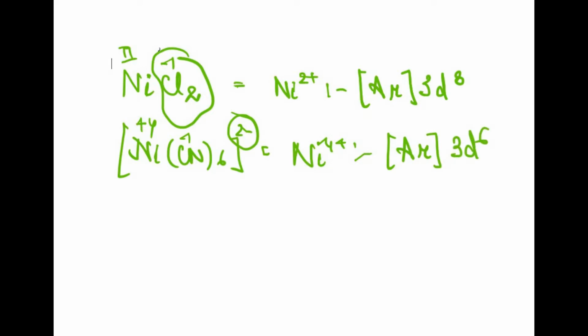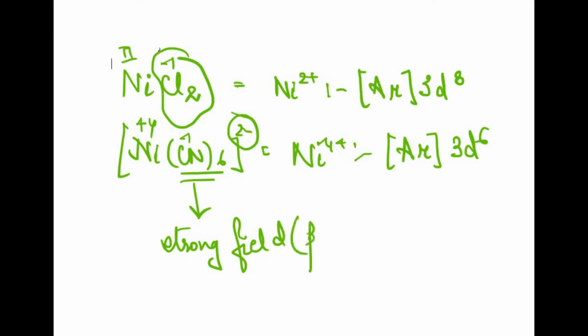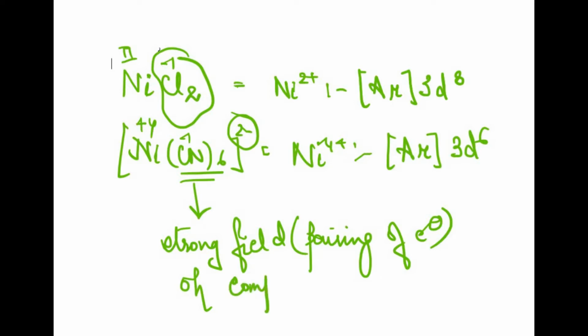Another thing, this is a strong field ligand, so strong field ligand means there will be pairing of electrons. Another thing to be noted, this is a hexa compound, so this is an octahedral complex.